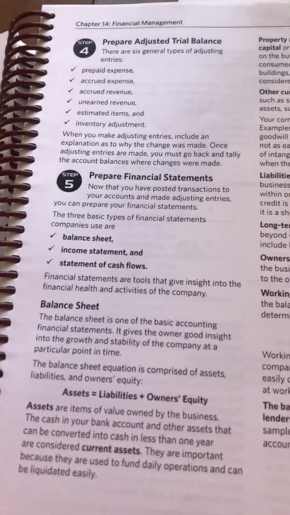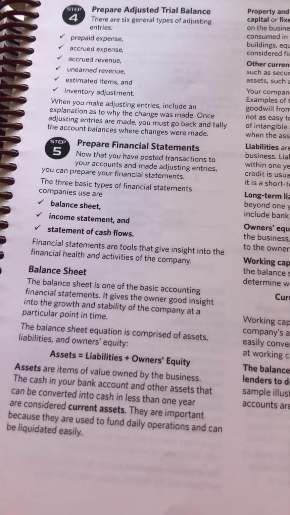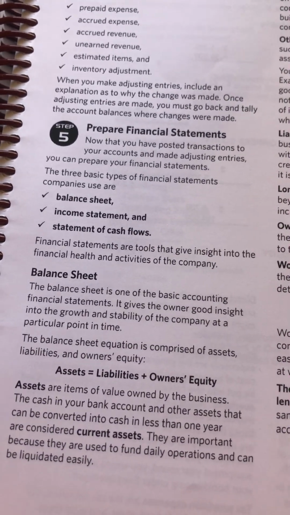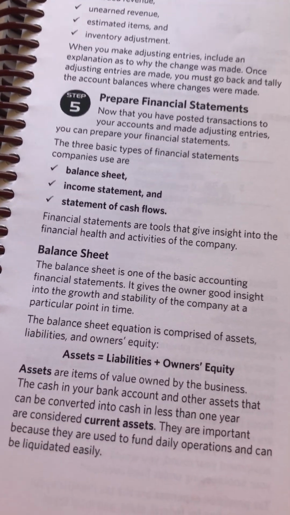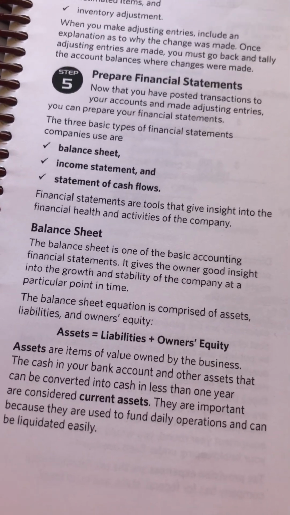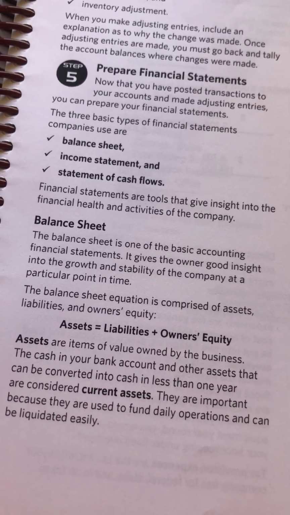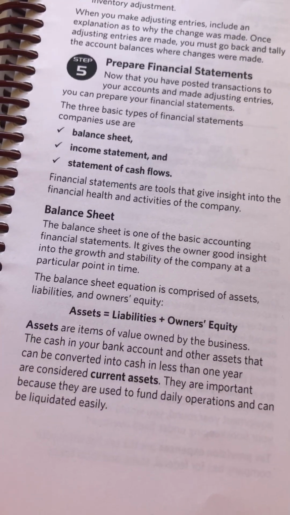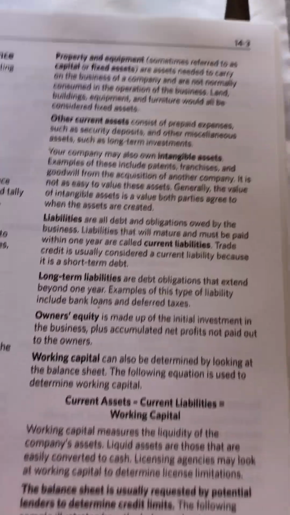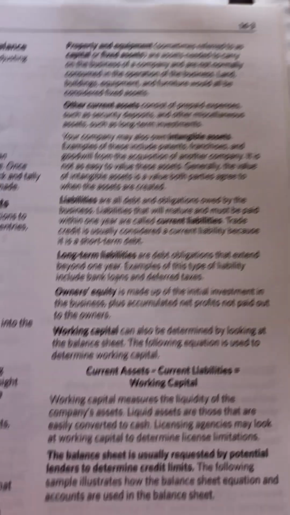And I was looking at this and I was thinking, did I miss something about the prepare financial statements? Felt like balance sheet, assets equals liabilities plus owner's equity. That sounded familiar to me, like it might be in the test.